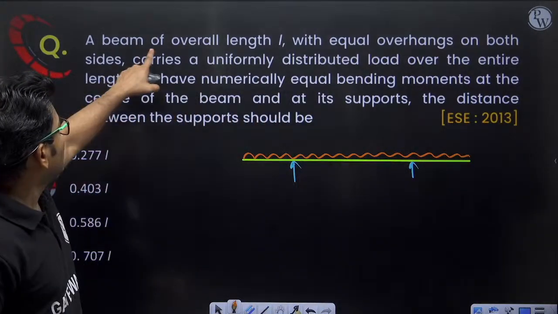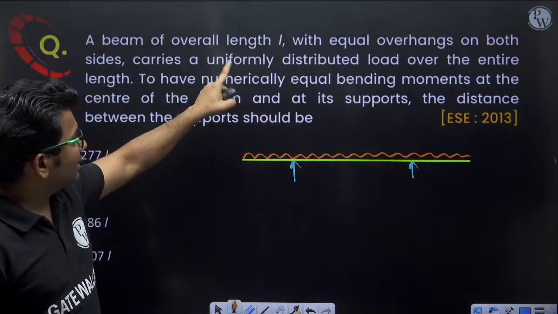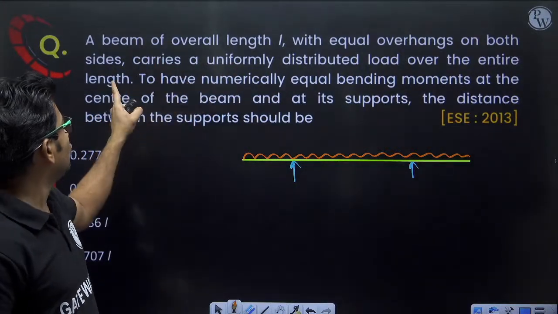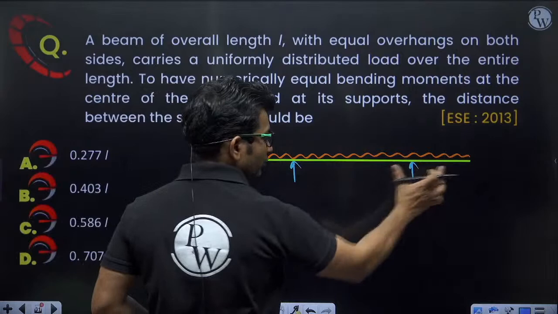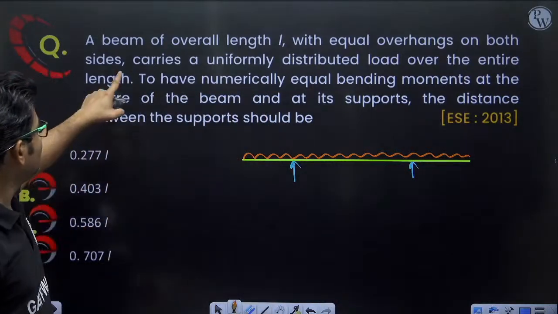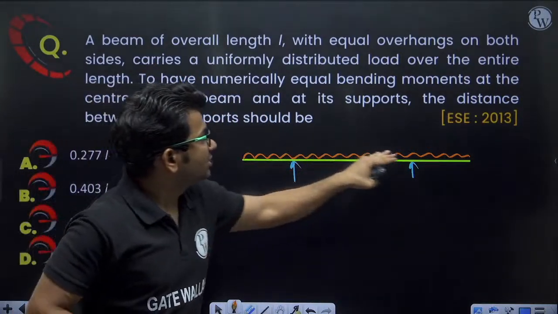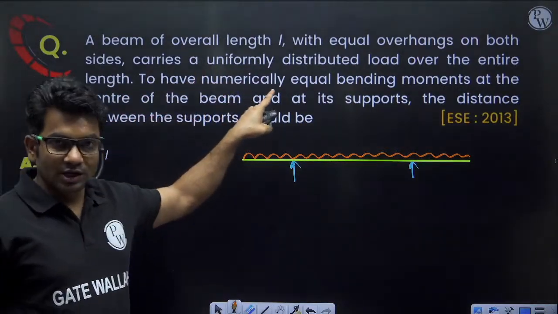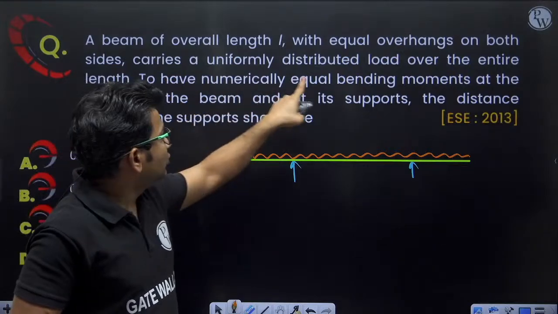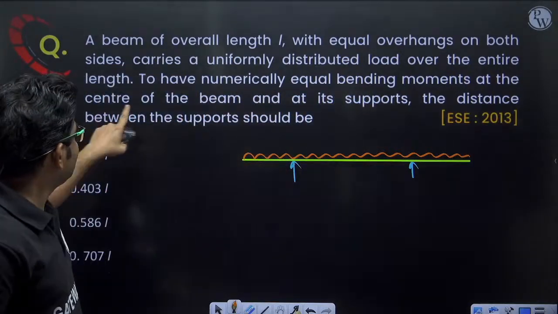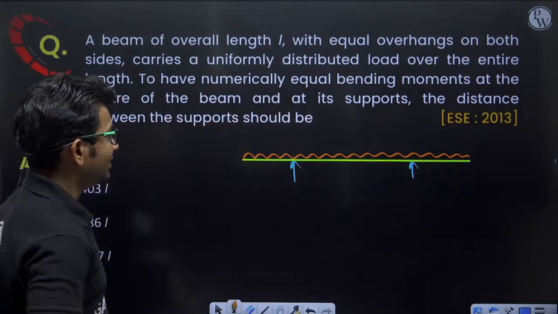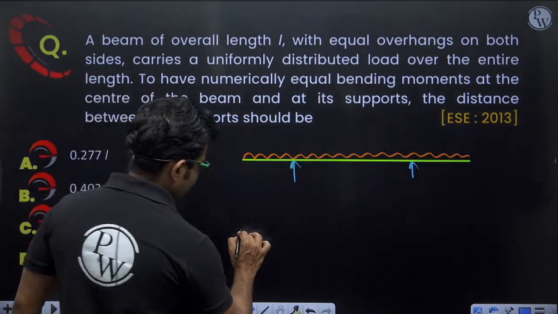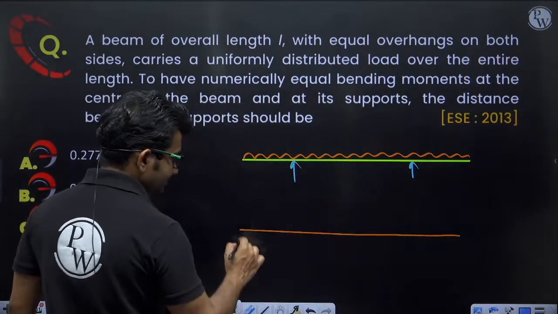So a beam of overall length L with equal overhangs on both sides, this overhang and this overhang both are equal, carries a uniformly distributed load over the entire length. To have numerically equal bending moments at the center of the beam and at its supports, find the distance between the supports.